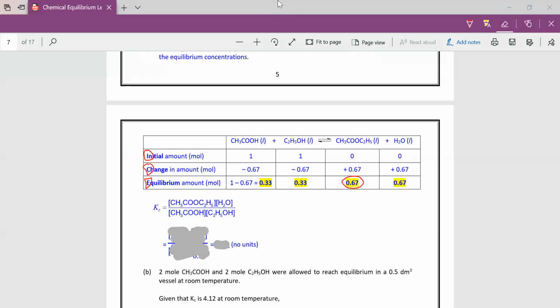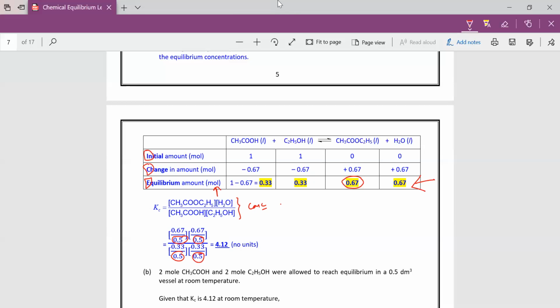So now we're going to put down the Kc expression and substitute in our equilibrium concentrations. Remember, this ICE table is in terms of moles. If we want to put it into the equilibrium expression, which is in terms of concentration, we will need to divide all of them by the volume.